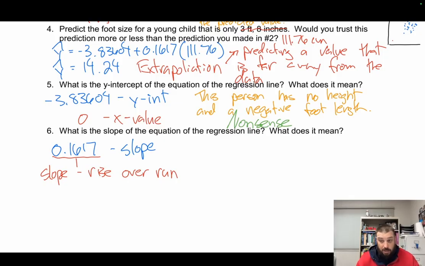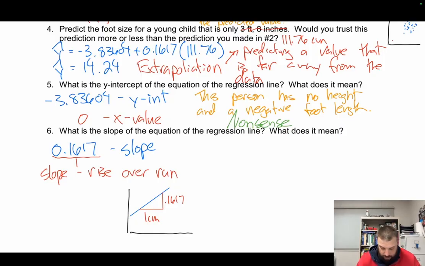It's easy to make it over that, right? And so visually, we have some line that has a slope, and so we run 1 centimeter, and then we rise 0.1617.